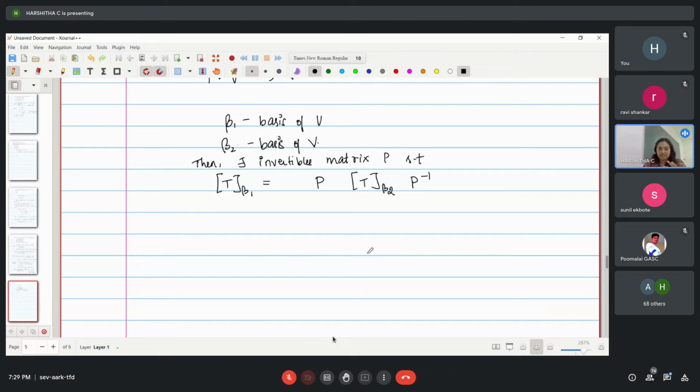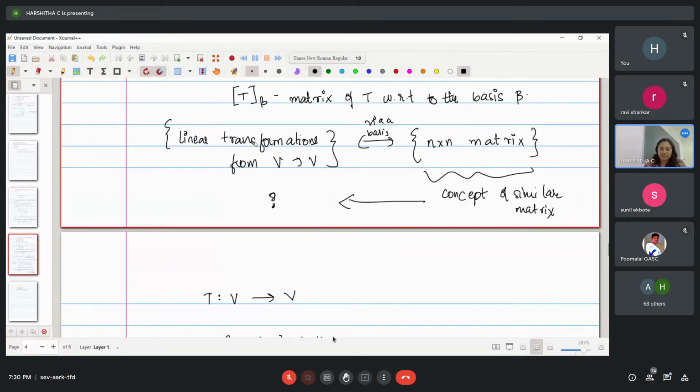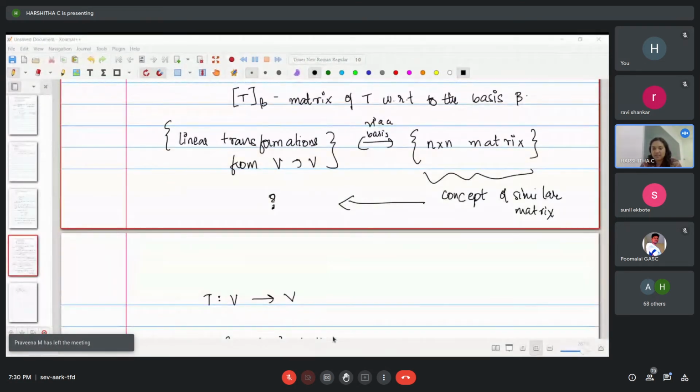So that is the picture on the other side of the story. It's okay if you haven't understood it completely because we've not given the proof of it, but this is what is actually happening. Any comments, questions?